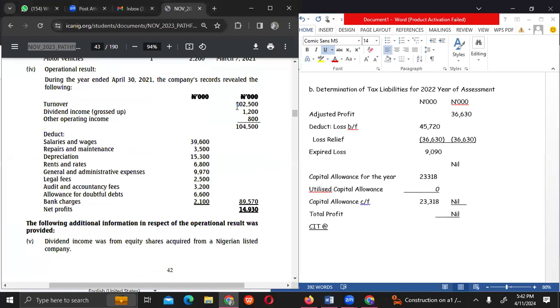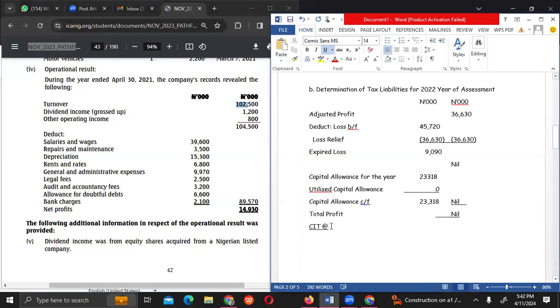So the turnover is 102 million, 500,000. The CIT is at 30%, right? That's how much? 30,750,000. Nil.